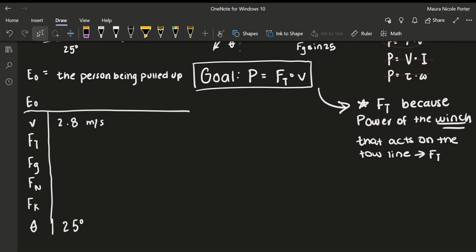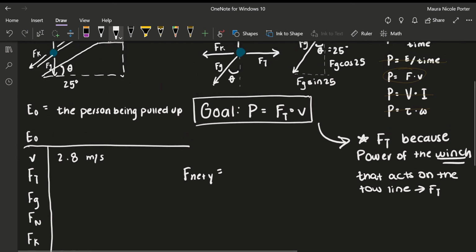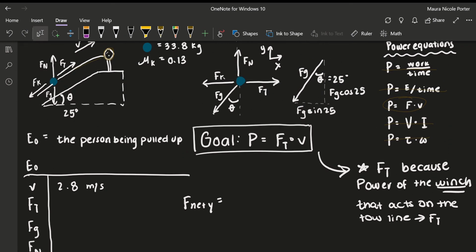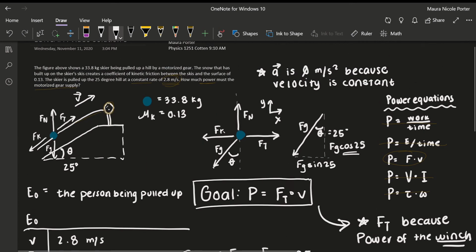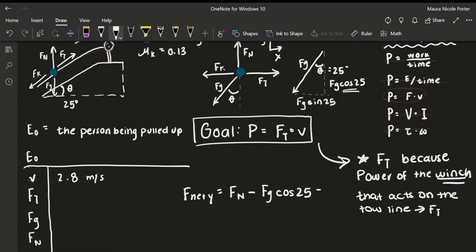Let's find net forces first. So we have force net of y, and from our free body diagram, we can determine that the net force of y is going to be F sub n minus the force of gravity, but it's going to be this cosine value, so Fg cosine 25. But the other thing that we know is that acceleration is equal to 0, so this is going to equal 0.